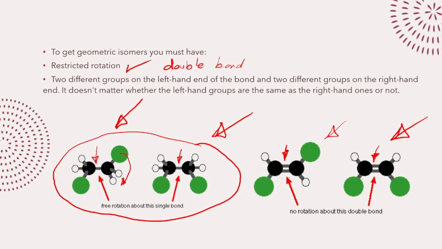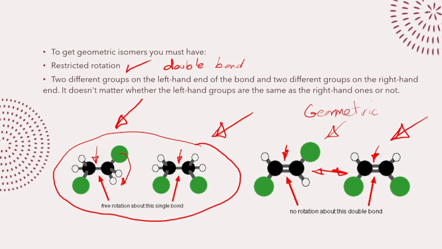But when we have a double bond, the rotation is restricted, and those compounds cannot be interconverted. Those substituents are fixed in their places. So those two compounds are different. If we have the same groups, but the arrangement is different, those are geometrical isomers.